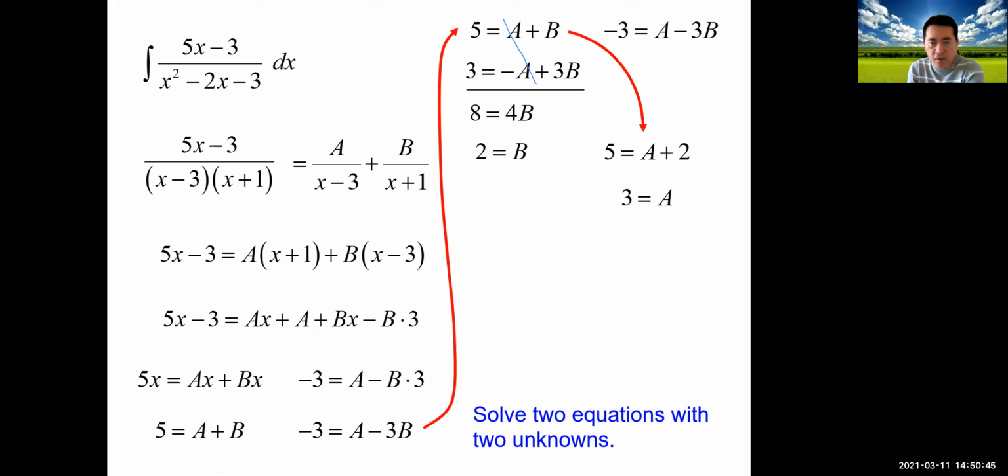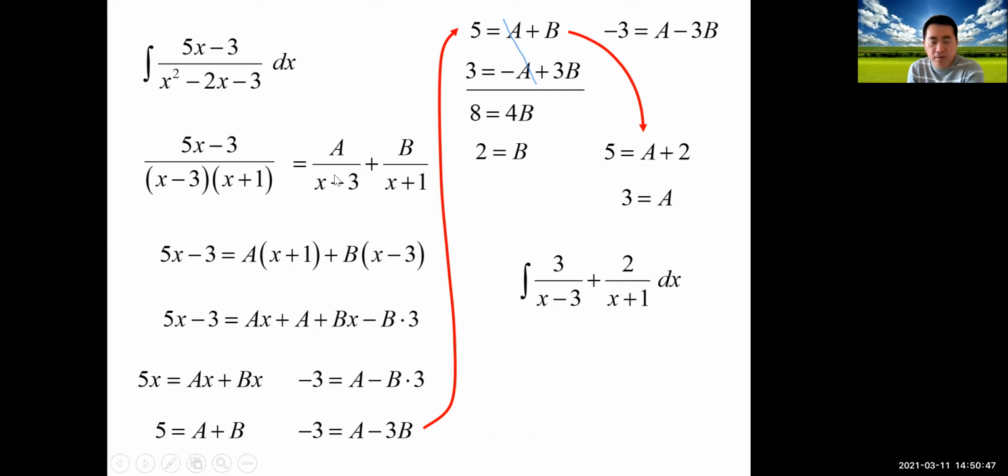Now when a is 3, you see that initially our fraction is this one, right? We integrate this, but this equals, we've just found, a is 3, b is 2. So they're the same. Instead of integrating this fraction, I integrate the partial smaller fractions. Now these two I can do, no problem, right?